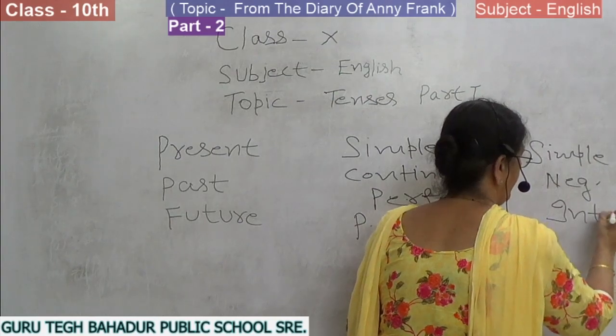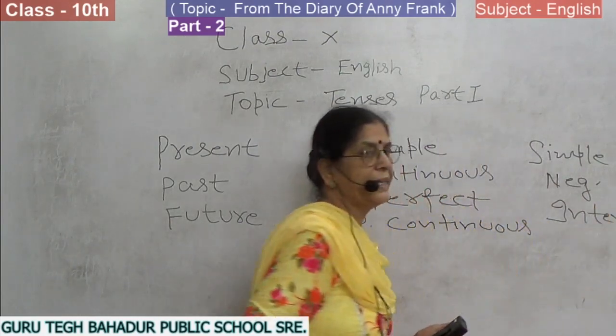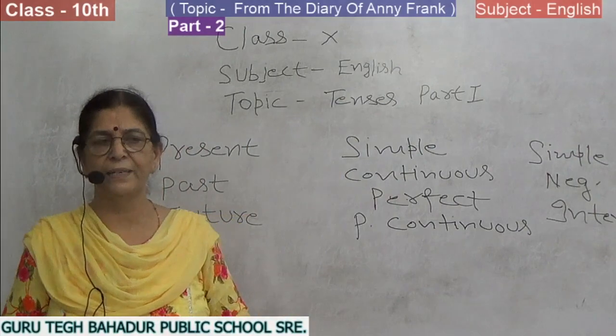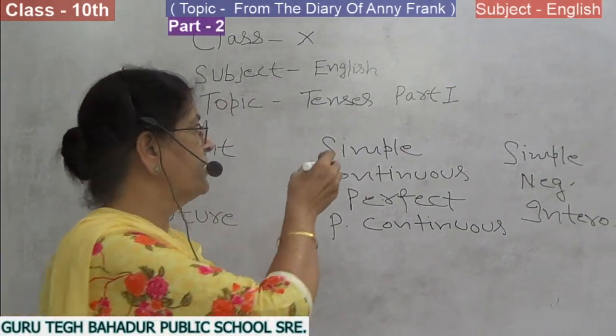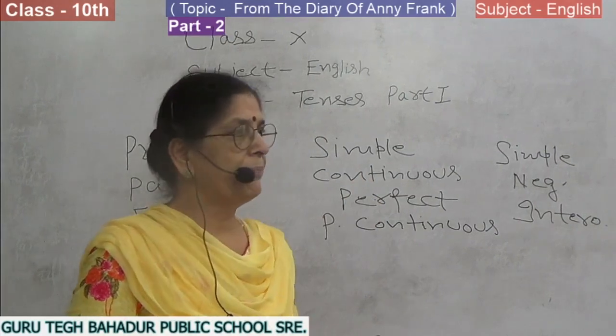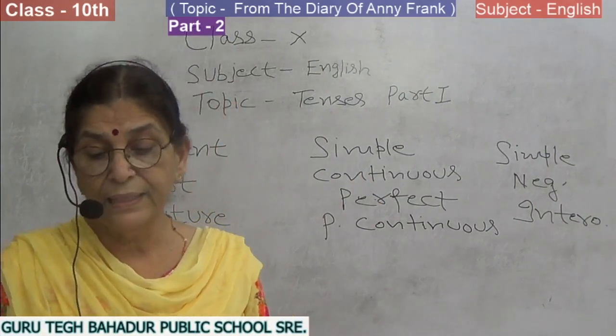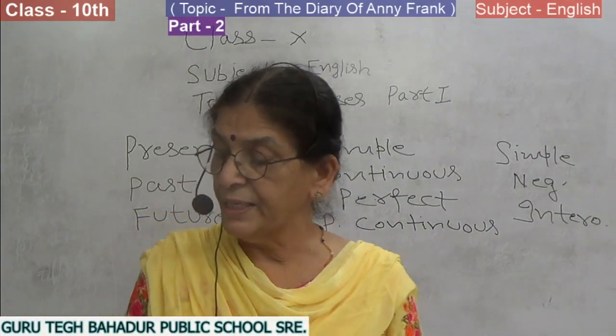There are other types also, like exclamatory sentences and optative sentences. But here we are concerned with these three: simple, negative, and interrogative sentences.